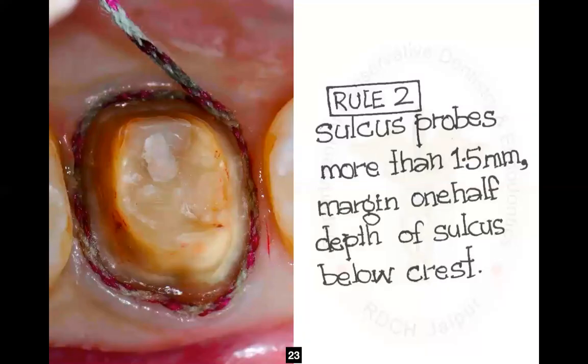The second one says if it is more than 1.5 mm, the margin will be placed one half the depth of the sulcus. You just have to remember, if it is more than 1.5 mm, that's okay. You don't have to worry about anything. One half of the sulcus depth will automatically be placed. You don't have to worry whether or not you're violating the biologic width. Just please jot down the rules as short as I have written here.